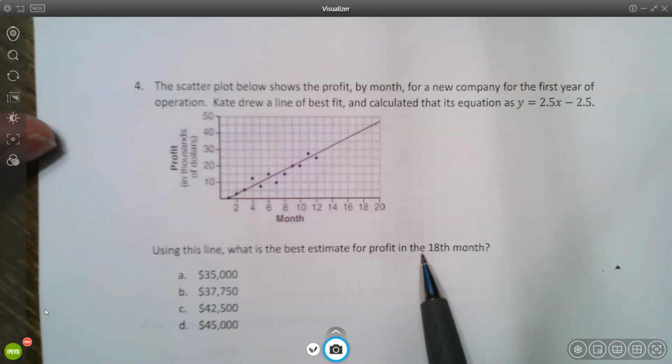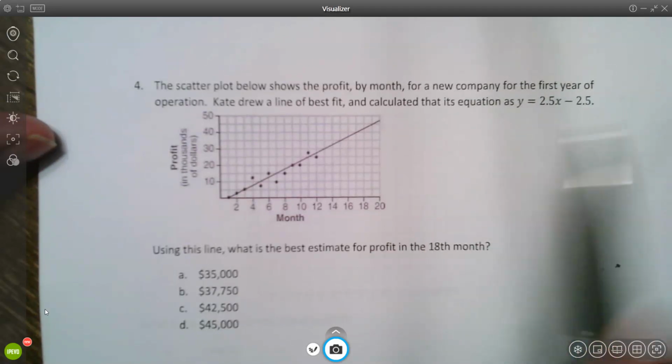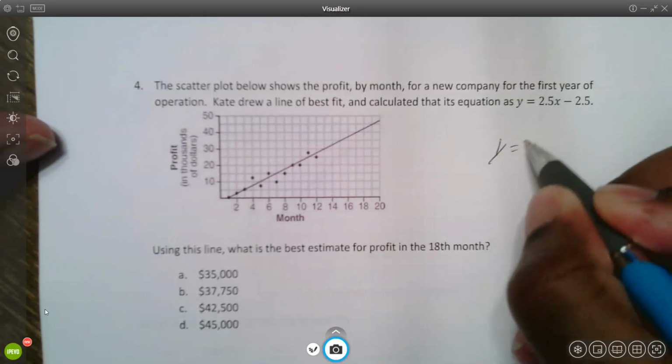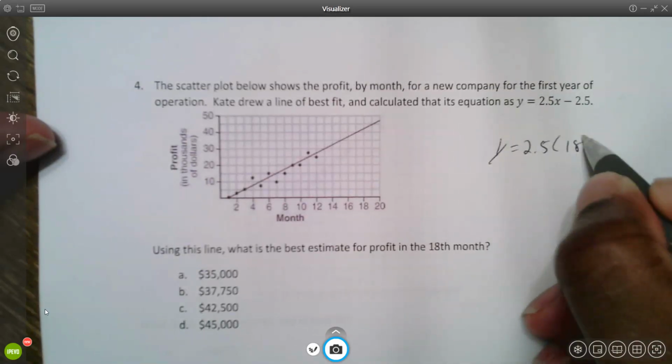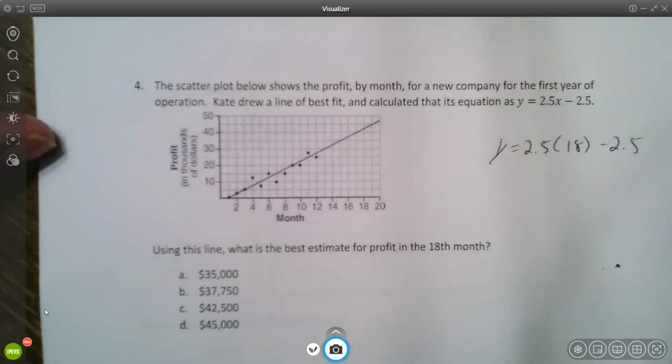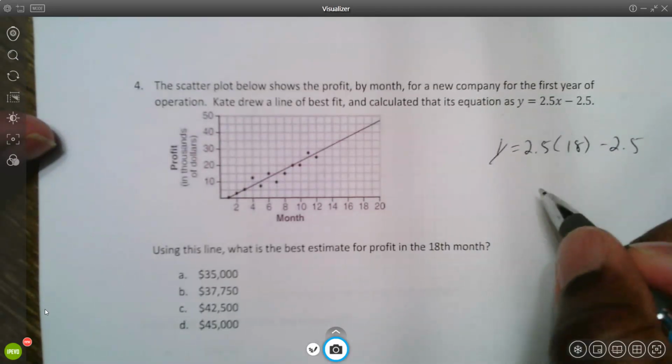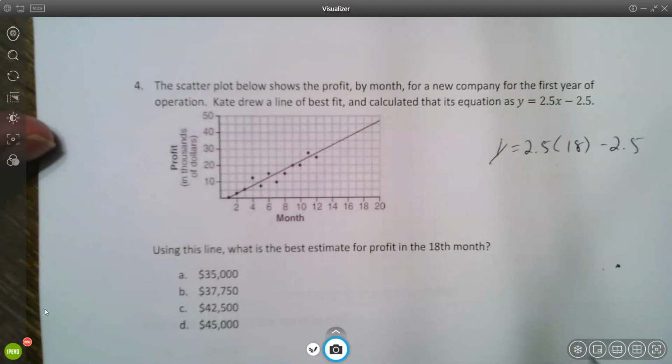Technically, we can answer this without using that equation. One way we can do it is to plug an 18 into that equation. If they gave me an equation, I would probably use it because the answer might be better, so I'll plug that in just to make sure it's right.